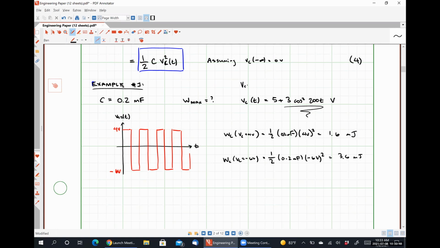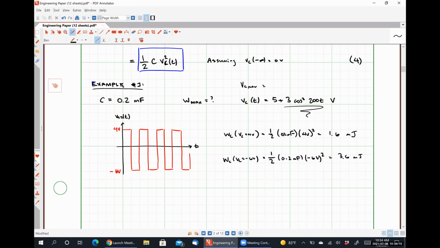We're going to figure out what VC max is. So we could break this function down into parts. It has a 5 volt DC offset, and then there's a 3 volt cosine squared term effectively on top. So let's look at the DC part.